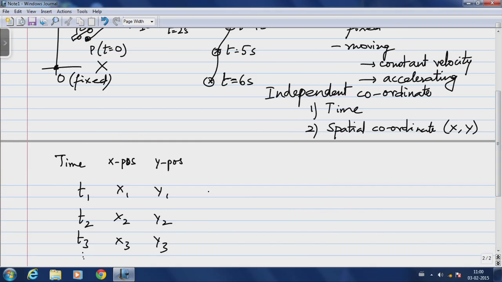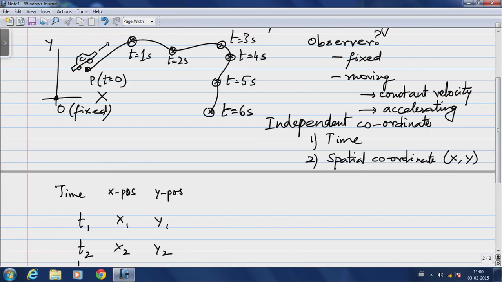In addition, I can look at the vector along which the object was moving, the car in this particular instance.